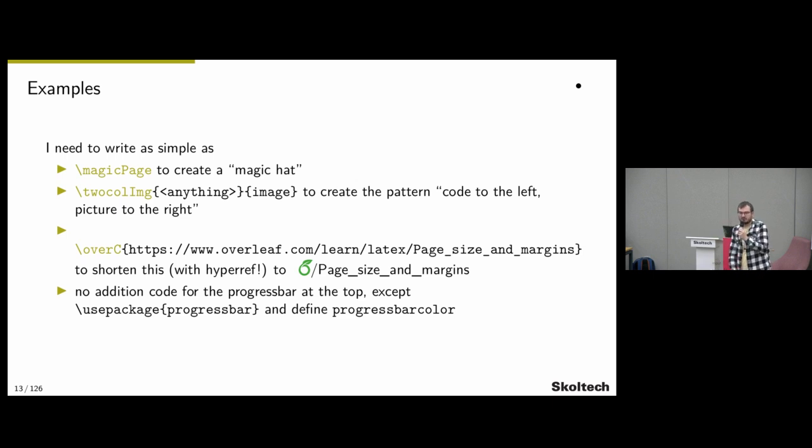You see the pattern of the lectures where we have some code at the left and some picture at the right. And obviously, this pattern was so obvious to me, so I created a command for this. It's just something like this.